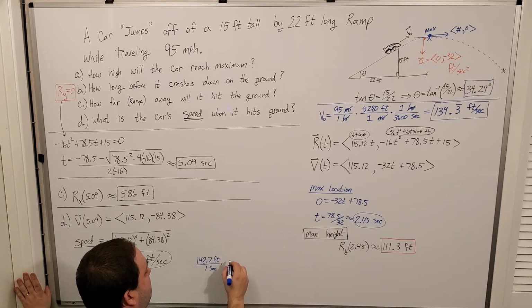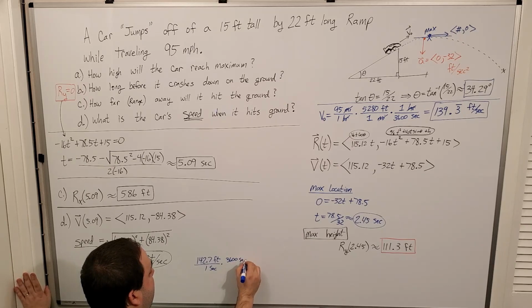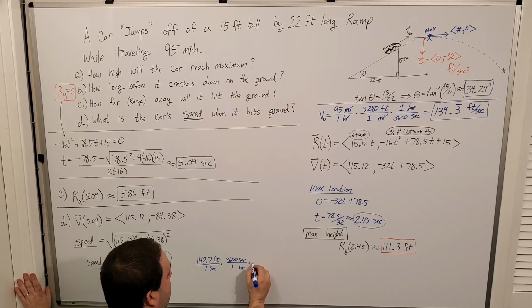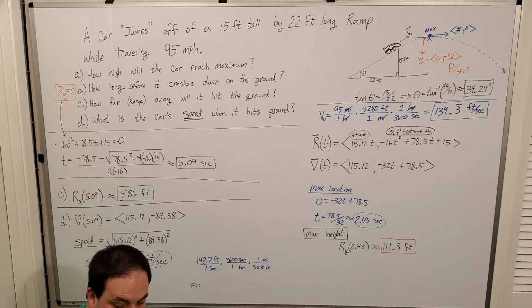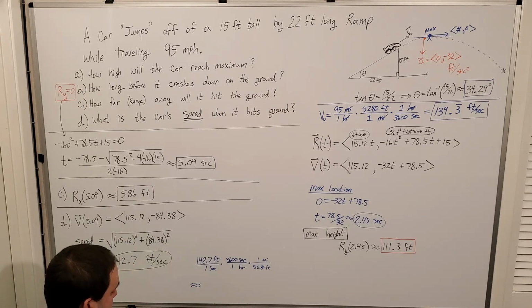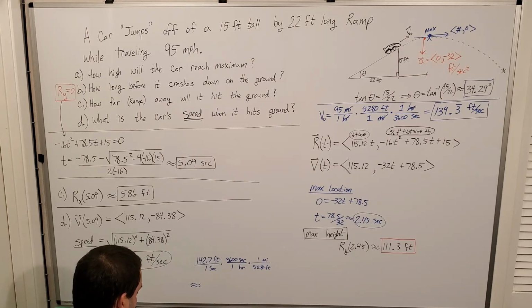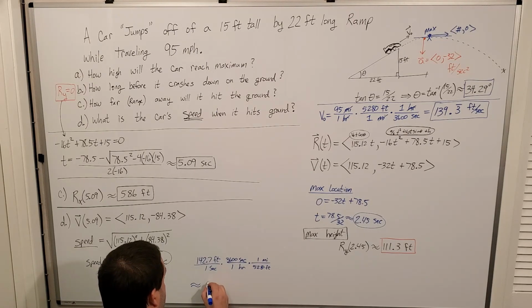So that would be times 3,600 seconds to give me 1 hour, and then divided by 5,280 feet to give me 1 mile, right? So it'll be approximately what? Times 3,600 divided by 5,280, approximately 97.3 miles per hour.